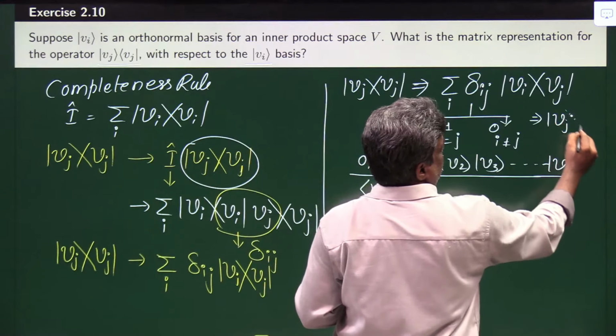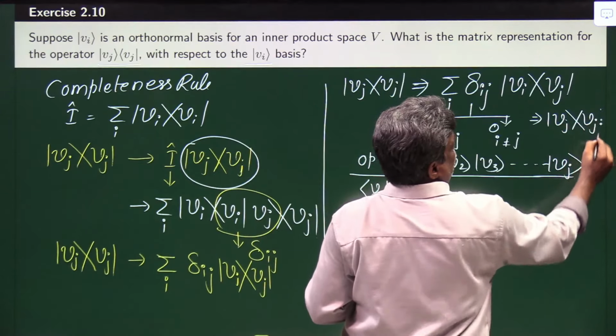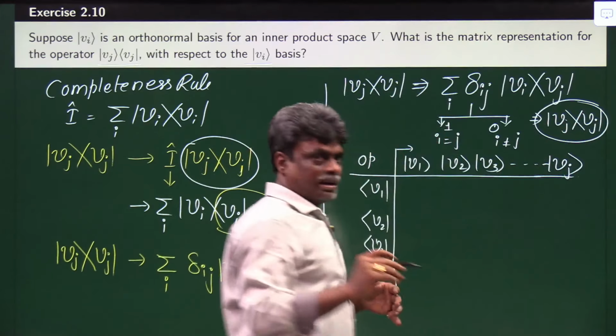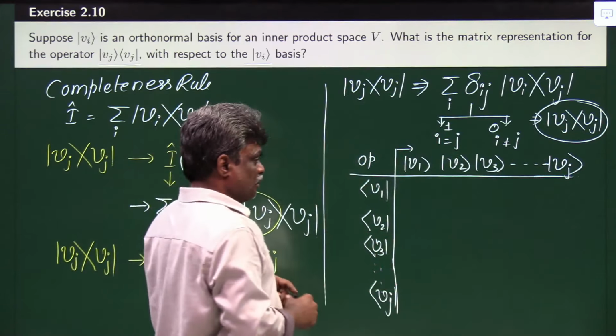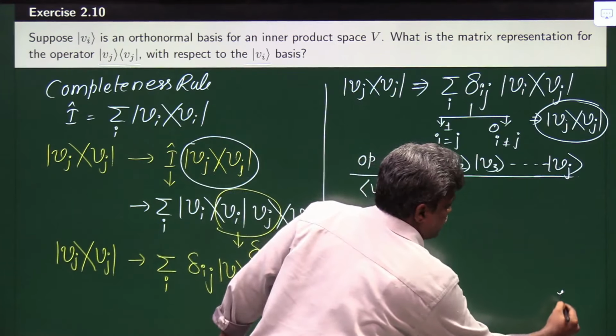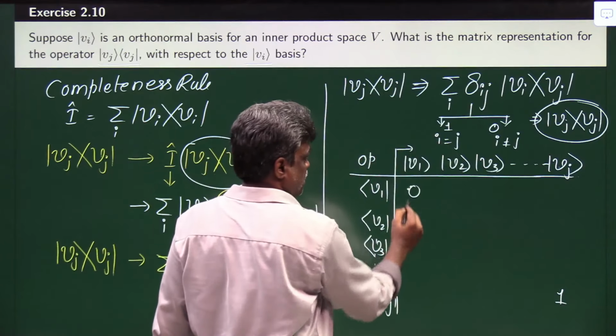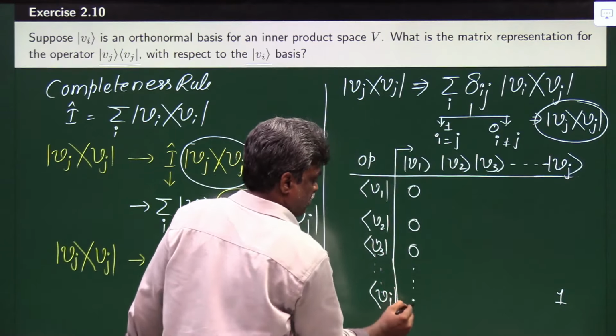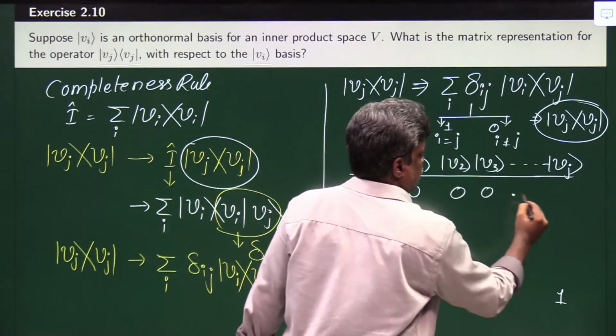So that's why I am just taking this vj here. So only this term remains and the rest of the terms are 0. So here |vj⟩ and here ⟨vj|. So only this one is a 1 and the rest of the elements are 0. So that's it.